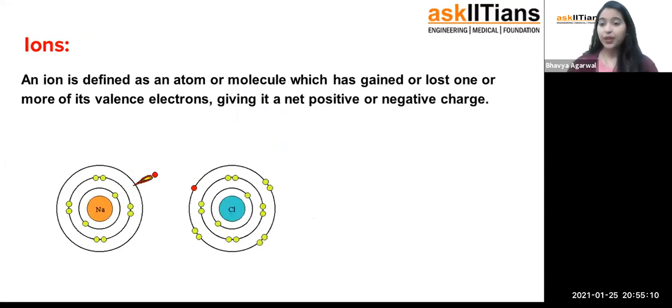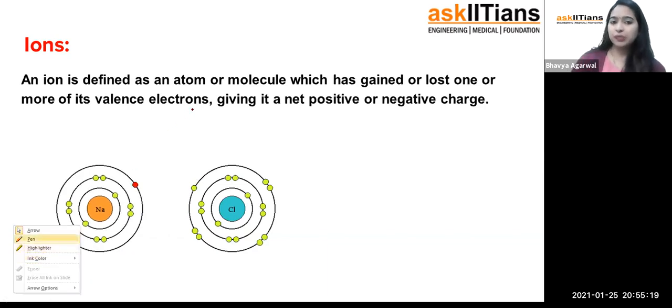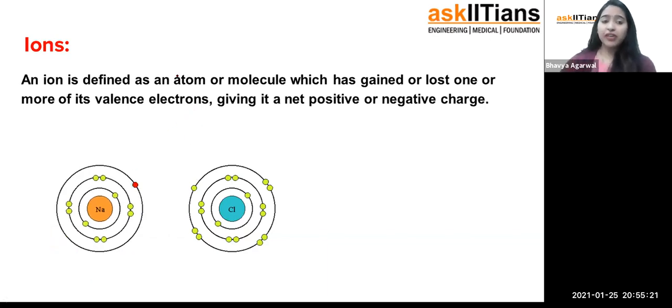So what are ions? Ions are charged species. What is an ion? It's a charged species. So whenever we talk about ions or the charged species, the first thing that comes to my mind is, what exactly is a charge?